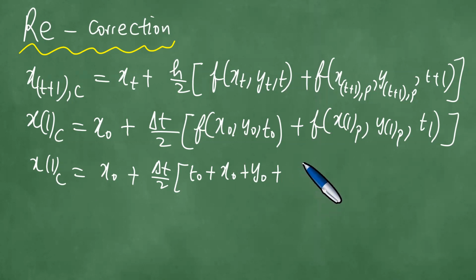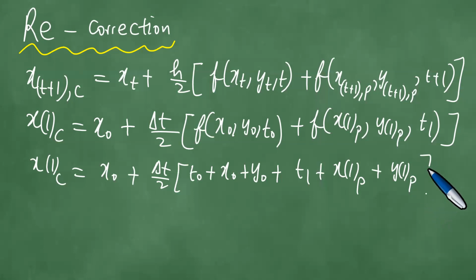This one of f is t plus x plus y. So we just take the t plus x plus y like this.